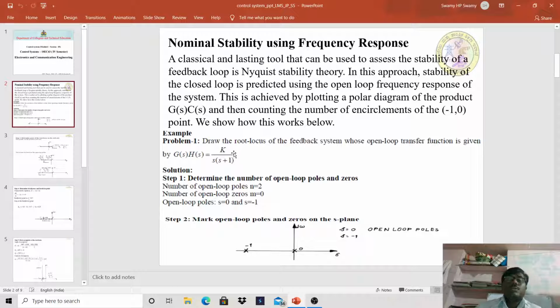Now in the numerator you do not have any s term, and in the denominator you have s is equal to 0, one pole, and s is equal to -1, one pole. So the number of open loop poles n is equal to 2, and the number of zeros m is equal to 0. So the open loop poles are s is equal to 0 and s is equal to -1.